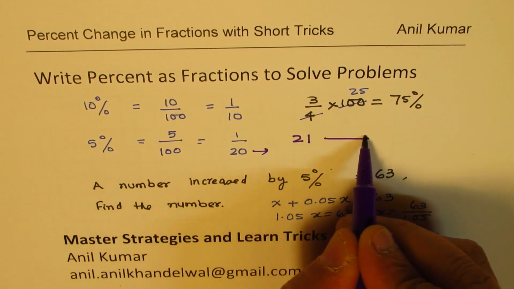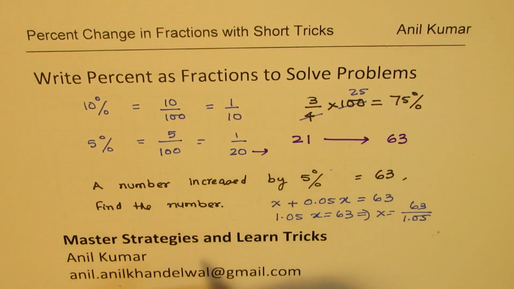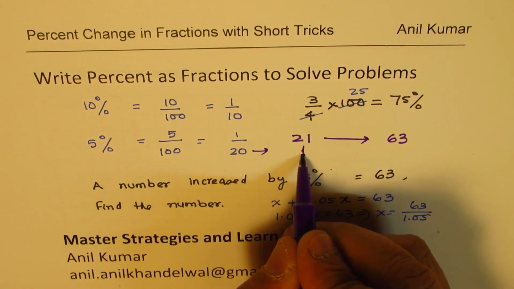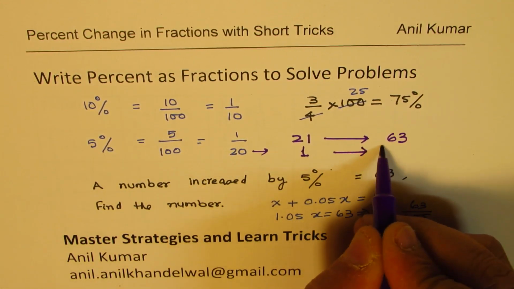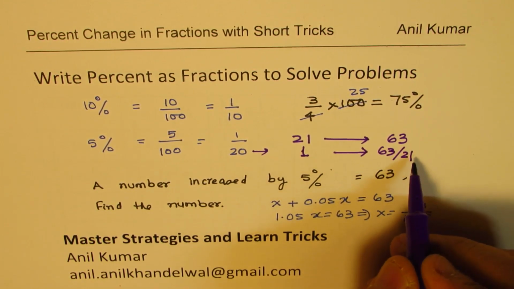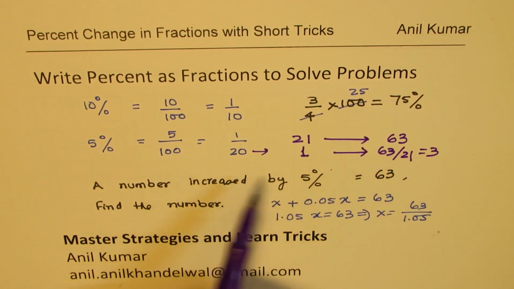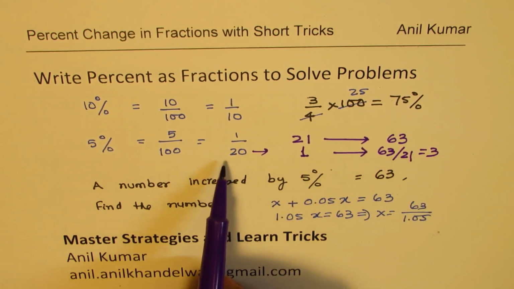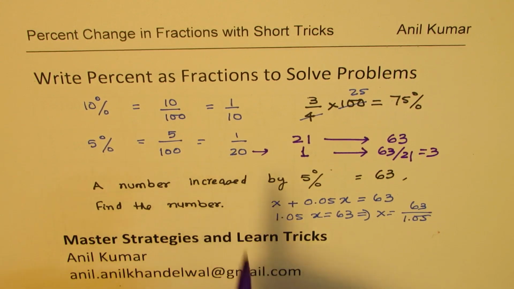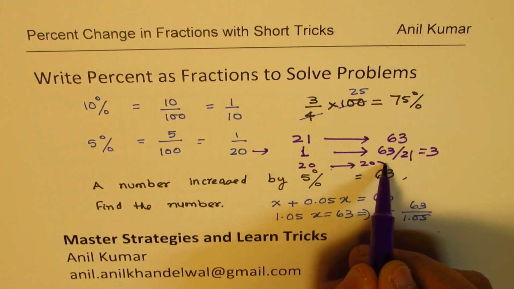So we say this 21 corresponds to the number 63. So for each unit, what is the increase? It will be 63 divided by 21, which is 3. So if that is the case, what is going to be the value for 20? For 20, it will be 20 times 3, right?